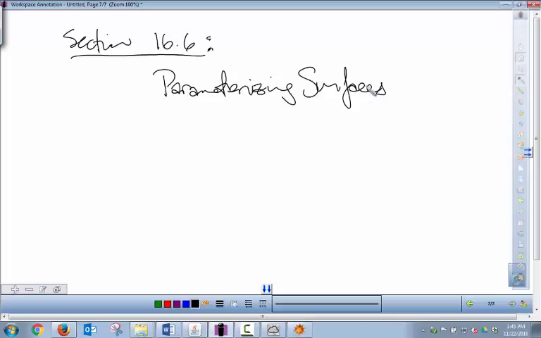I've hinted about this idea before. We have a way to parameterize curves, but now we want to be able to talk about parameterizing surfaces.